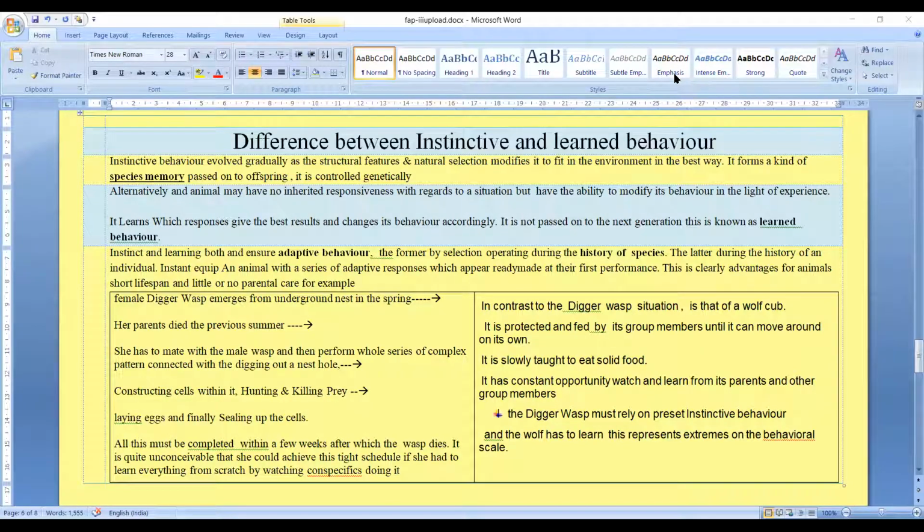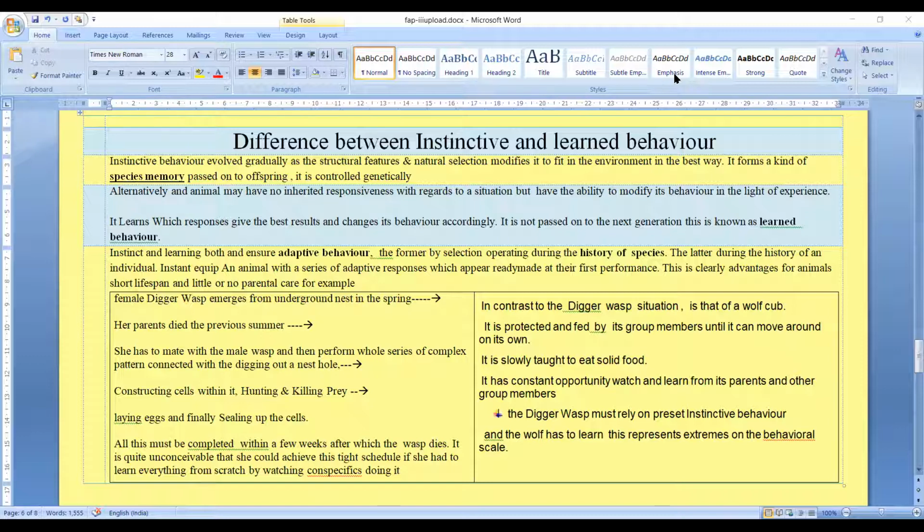Hello students, in the previous lectures we have studied FAP, Fixed Action Pattern, and we also studied that the fixed action pattern is basically instinct, and during the lifetime the organism undergoes learning, and that behavior also becomes instinctive later.